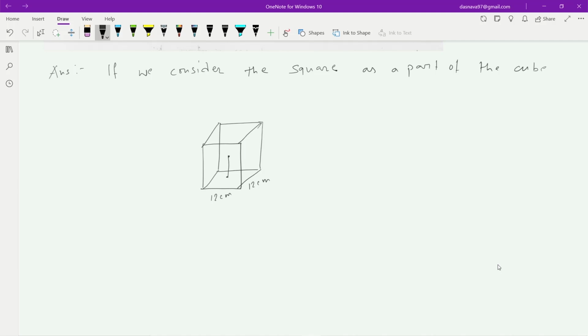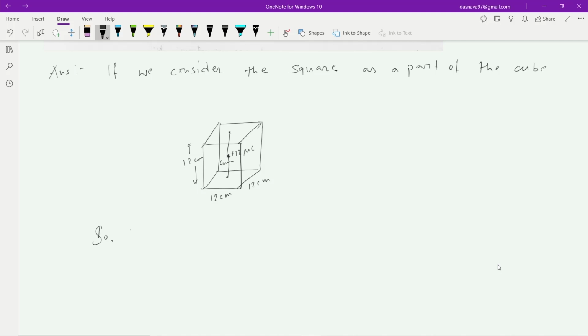So this is in the midway position, plus 12 microcoulomb. So this whole length is 12 centimeter and it is in the midway position, that is 6 centimeter, right? So we have to find the electric flux through the square.